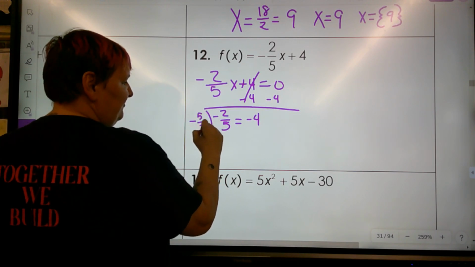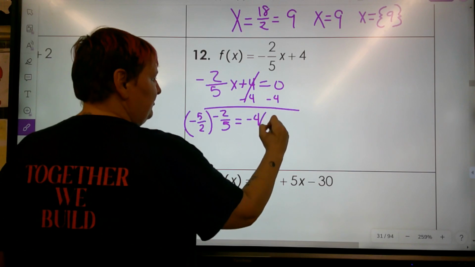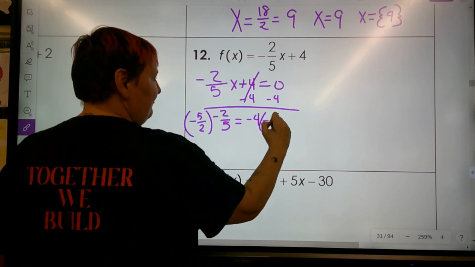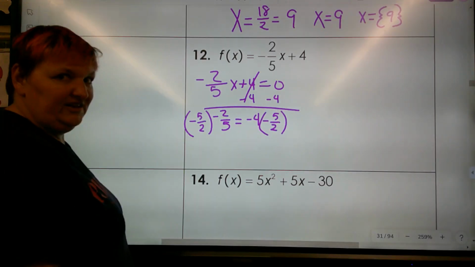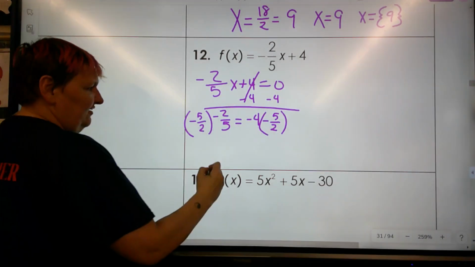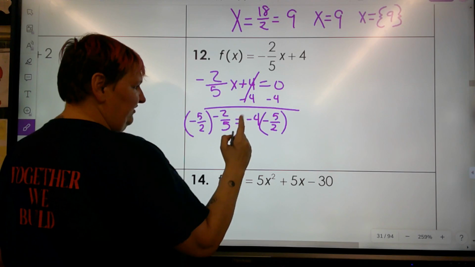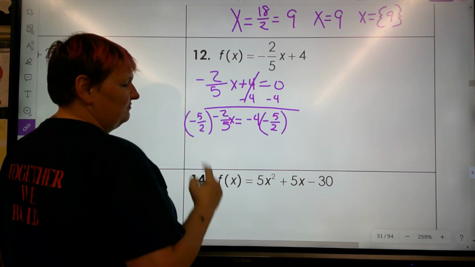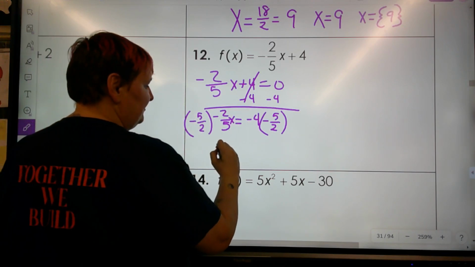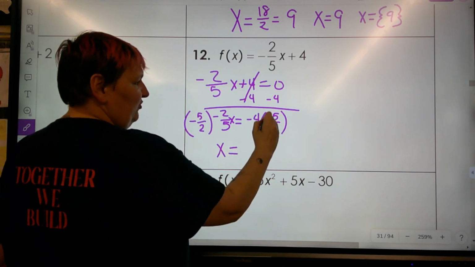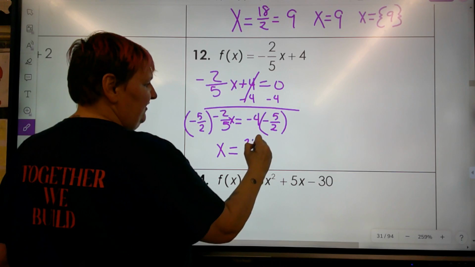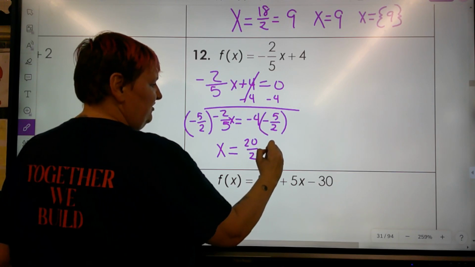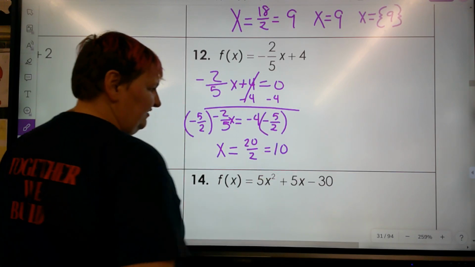If you're trying to get rid of negative 2 over 5, then you need to multiply by negative 5 over 2. Don't lose the negative. These will cancel out to 1. Where's my x? Don't forget your x. Negative 4 times negative 5 is 20. Divided by 2 is 10.